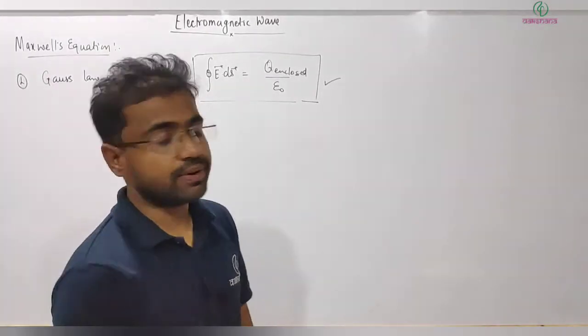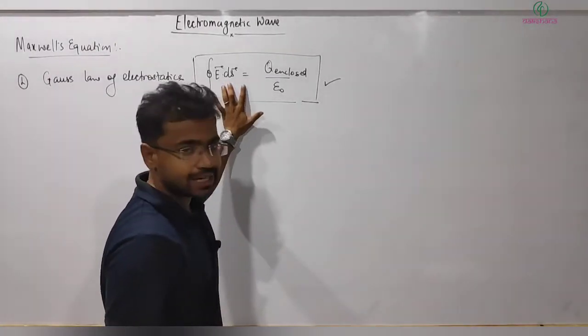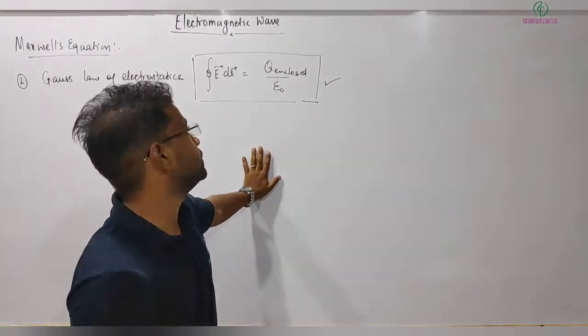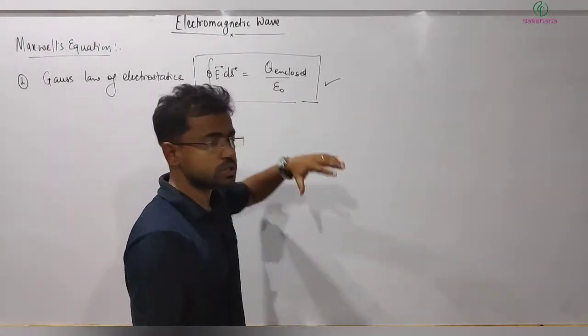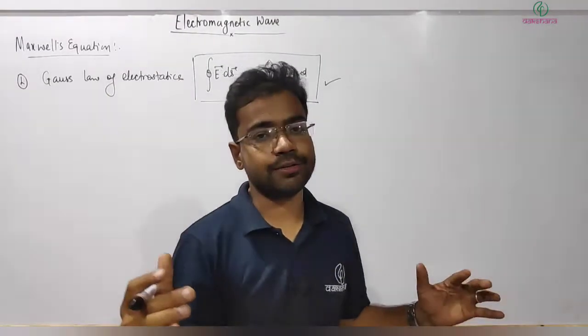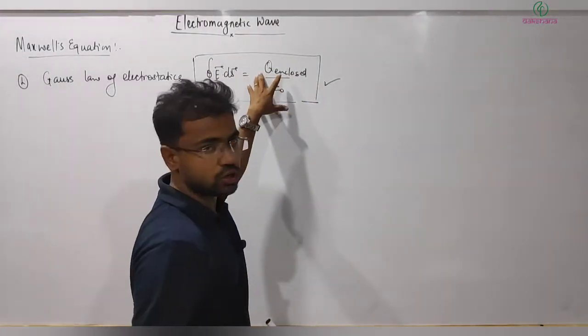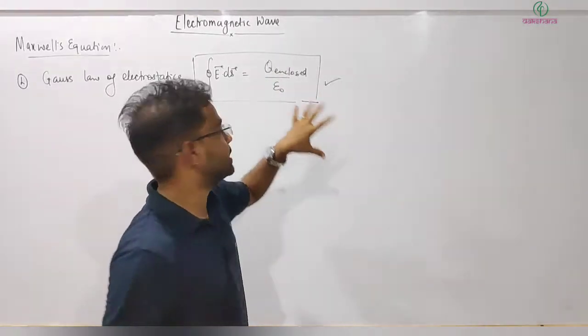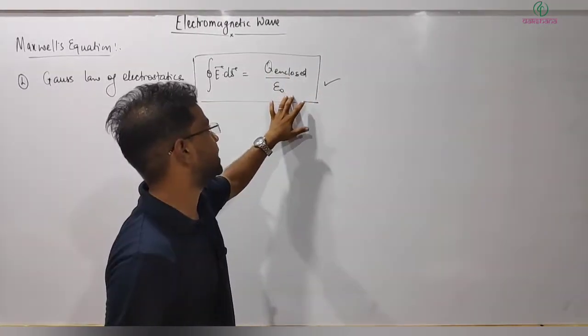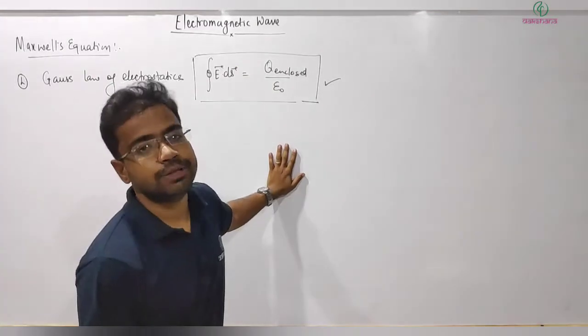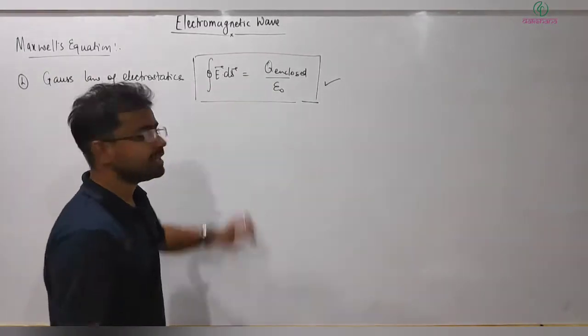E dot ds is basically your electric flux, and with this relation we can calculate the electric field due to a charge system, where q enclosed is, we consider one Gaussian surface, and whatever charge is inside that should be placed only; the outside charge is not considered in this q enclosed, divided by epsilon naught. So by simplifying this we get the electric field.